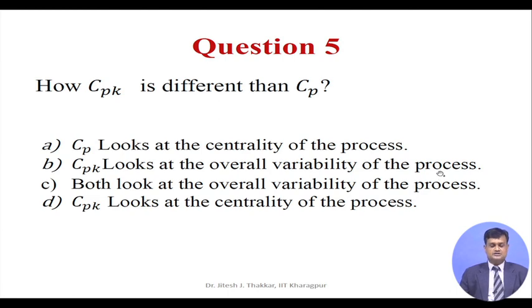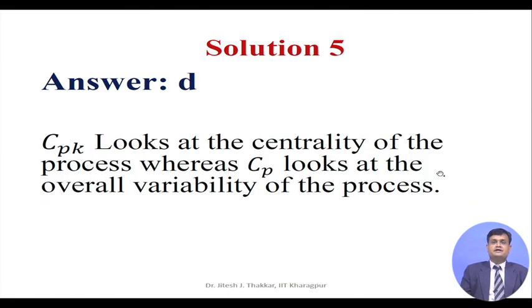As you can understand, the difference between Cp and CPK, the correct answer is D. CPK actually looks at the centrality of the process, whereas Cp looks at the overall variability of the process, as the expression of Cp only includes USL minus LSL, whereas in CPK we find the minimum of USL and LSL with respect to mean.